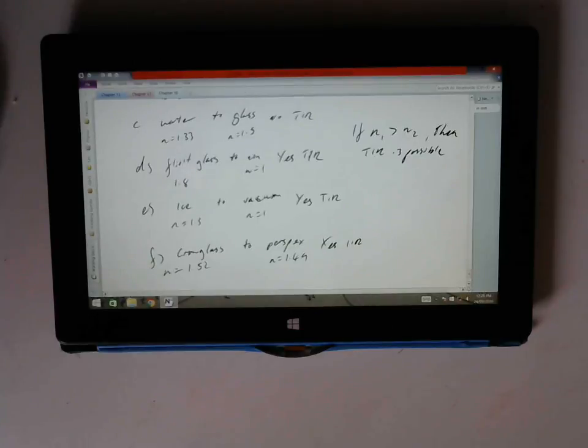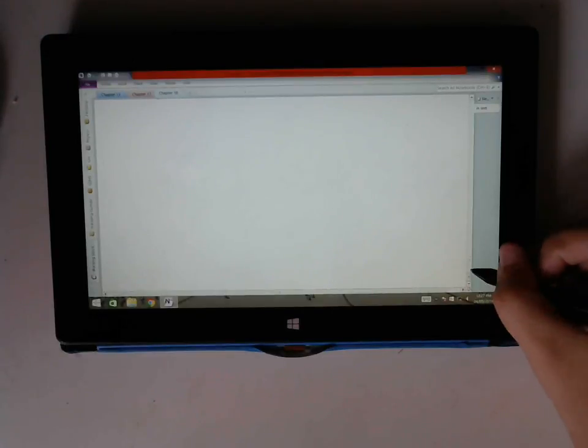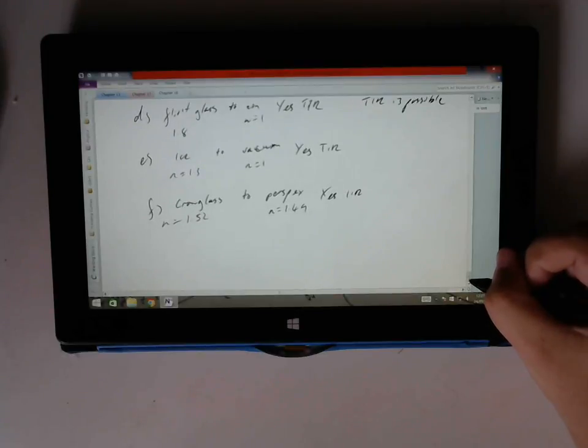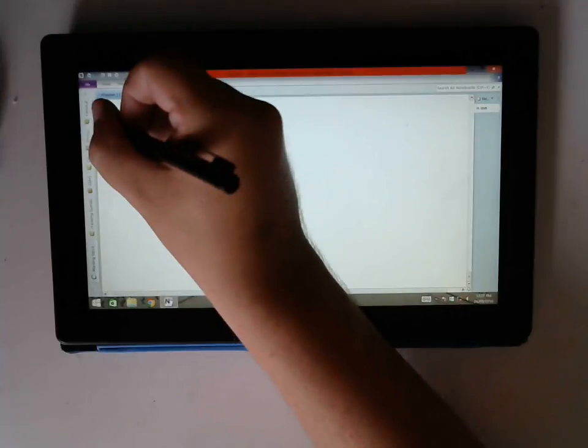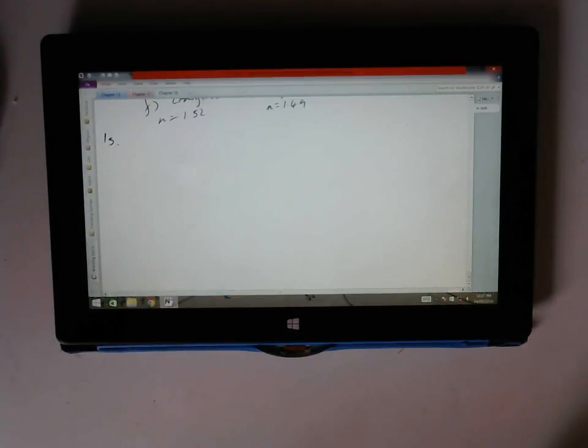Let's move to the next one, 15. A block of ice is placed on top of a semicircular block of crown glass, Figure 18.5. At what minimum angle would all light incident on the boundary between the two surfaces be reflected? Okay, so we've got those things.